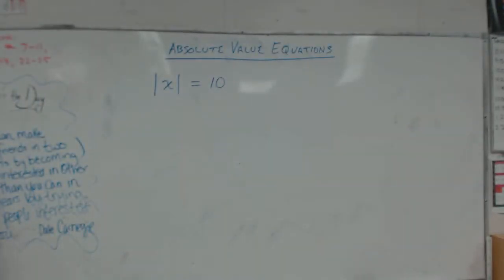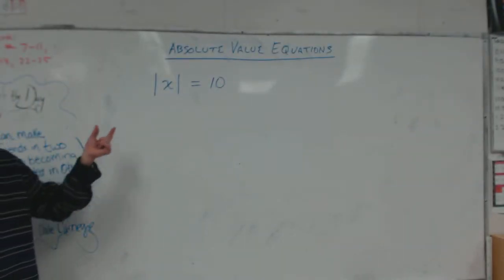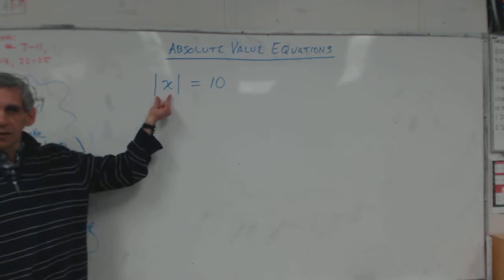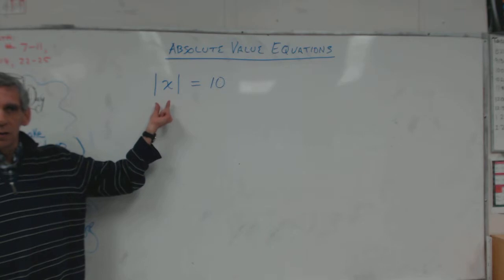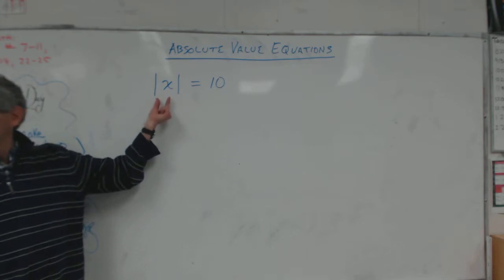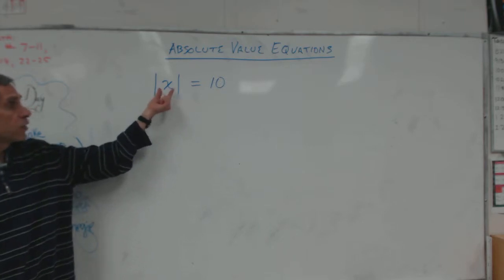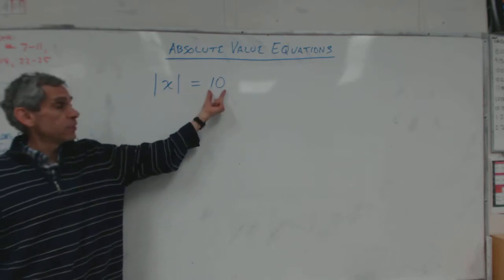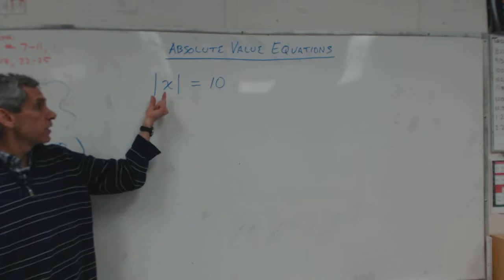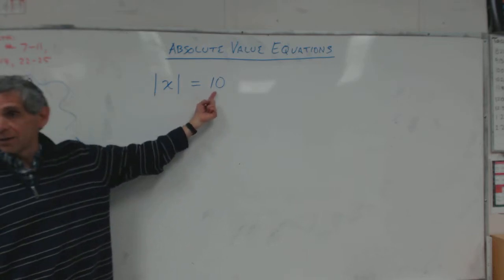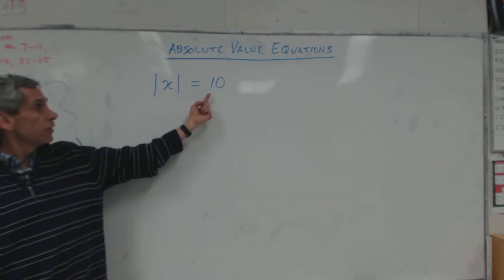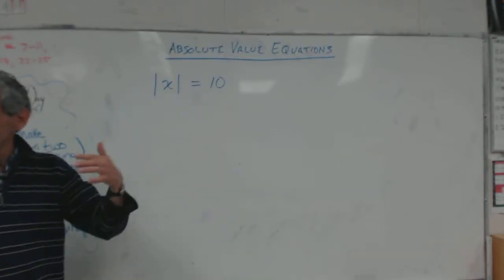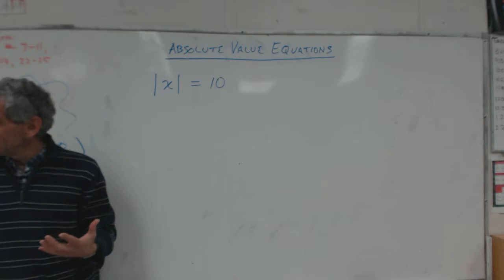So the question is, what could I put inside this to make this true? 10 or -10. I could, 2 possibilities, right? I could say that x could either be 10 or x could be -10, the opposite of this. Don't you agree with me? Because the absolute value of positive 10 is 10, and the absolute value of -10 is also 10. Does that make sense? Does everybody see that? So I actually have 2 answers.